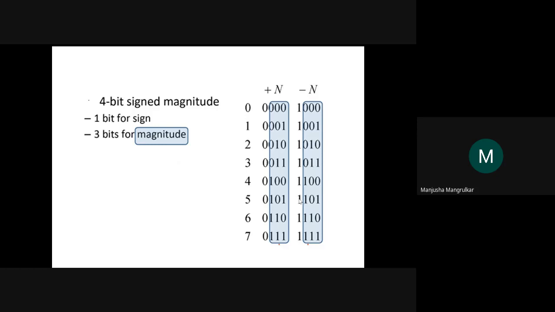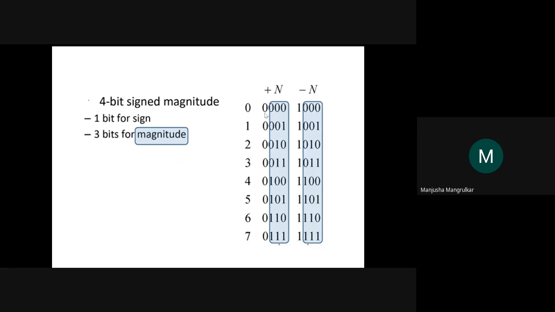The first bit is 1 and this is the 5, 1 0 1. This 1 means 2 to the power 2, 4, plus 1 is 5. So this is minus 5 and this is a plus 5. So the signed data is from minus 7 to plus 7.